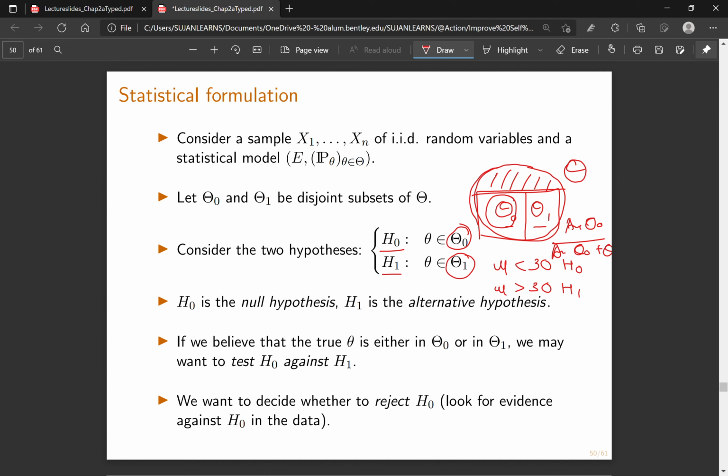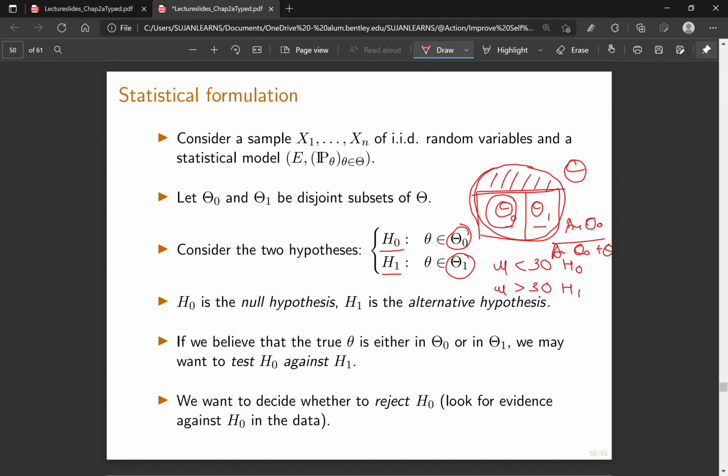That much for today. Let me quickly summarize what we discussed. We talked about statistical formulation, and we started with a sample of random variables, a sample space E, and the parameter family P whose parameter belongs to a parameter set theta.